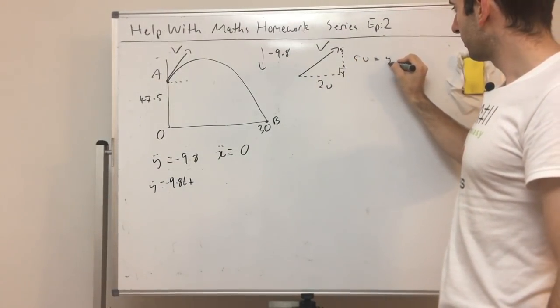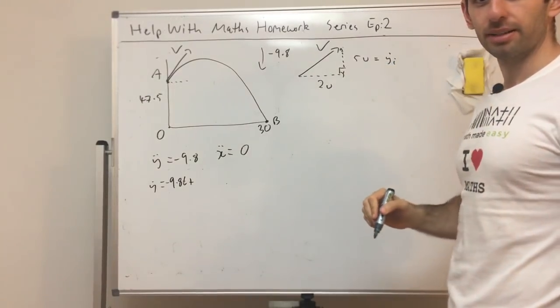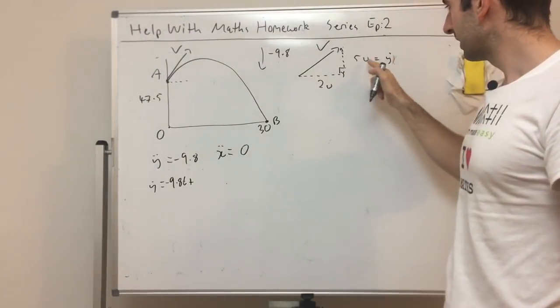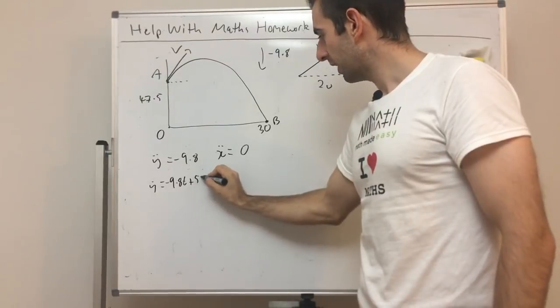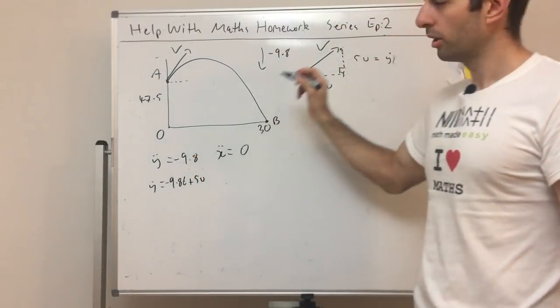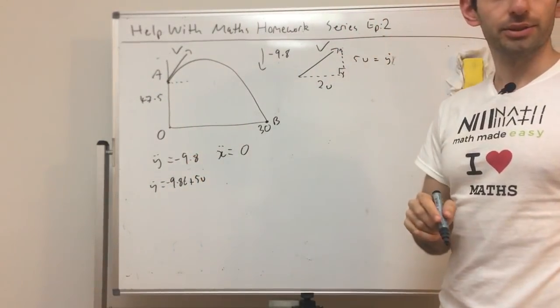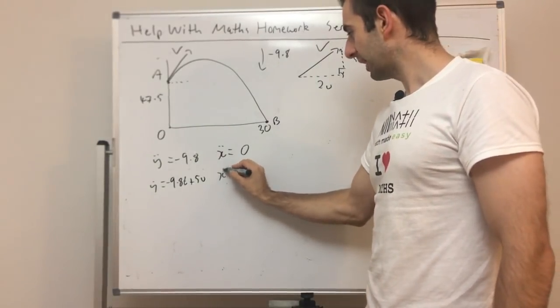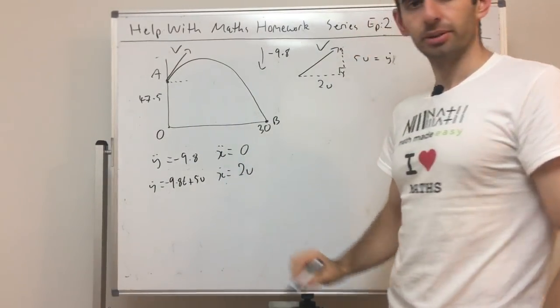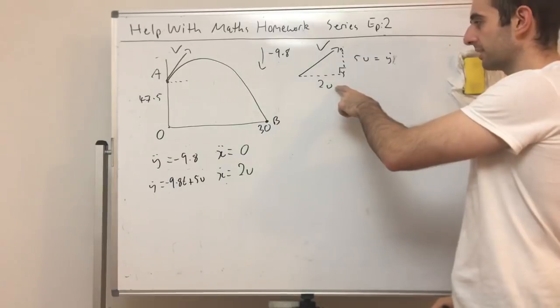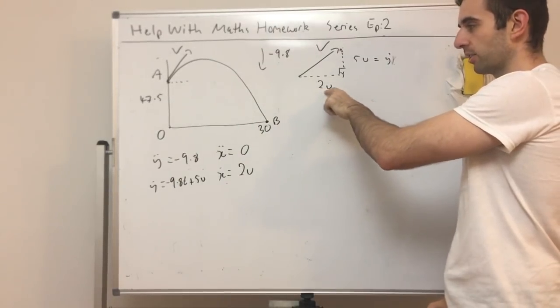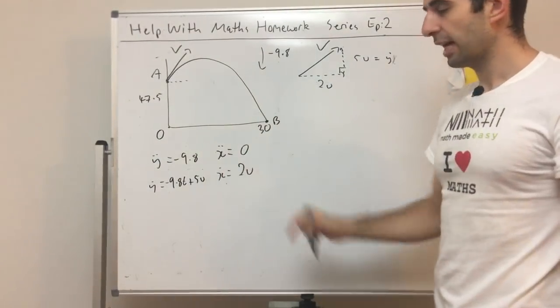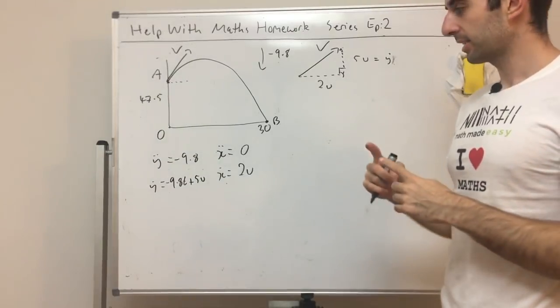So that's just plus 5u, because when t equals 0, y dot equals 5u. And the same with x dot, that's just going to be 2u, because when t is 0, x dot is 2u. So they're my equations for y dot and x dot.